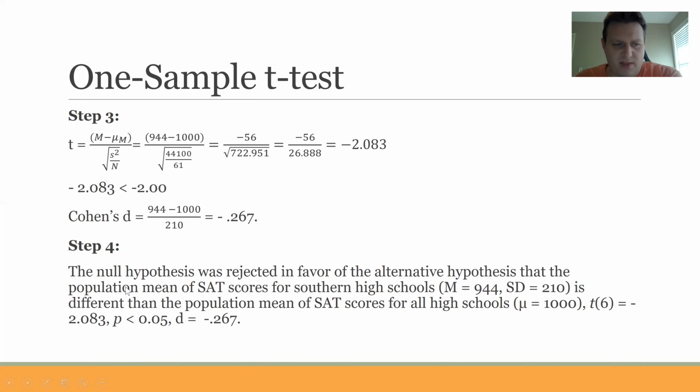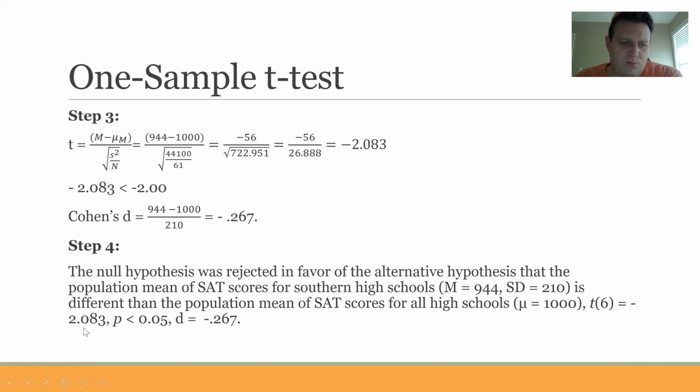Well, I've just decided to write this up one way here. The null hypothesis was rejected in favor of the alternative hypothesis that the population mean of SAT scores for Southern high schools is different than the population mean score of all high schools. And look, I did the population mean right here. T with the degrees of freedom, which is 60 and not 6. I really messed up a couple of places here. I'll make sure I fix that.